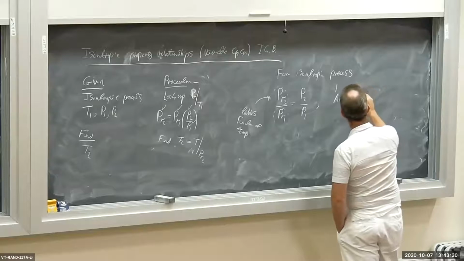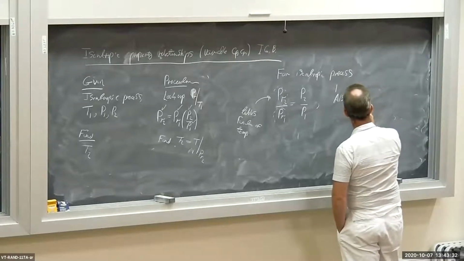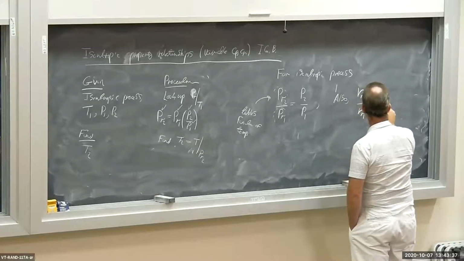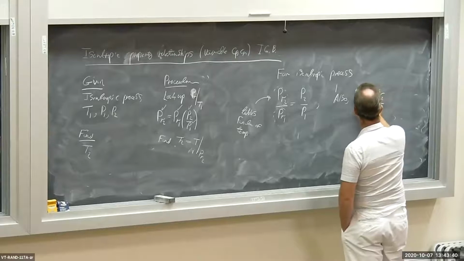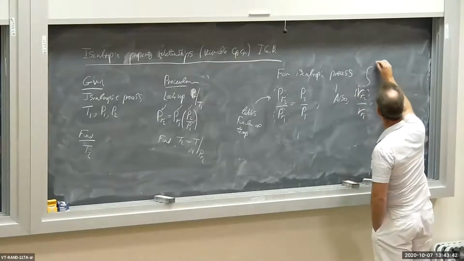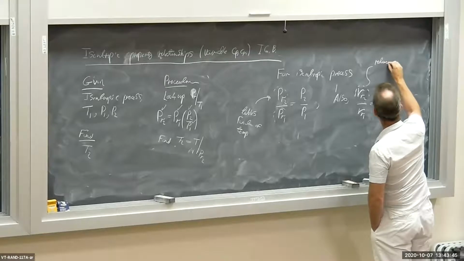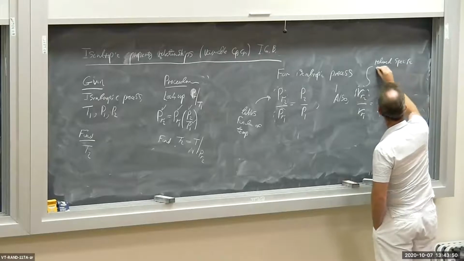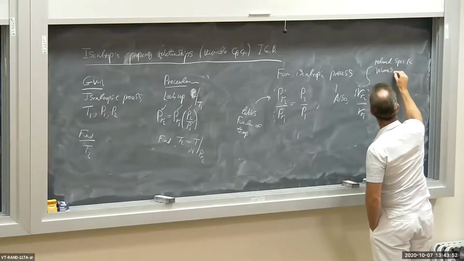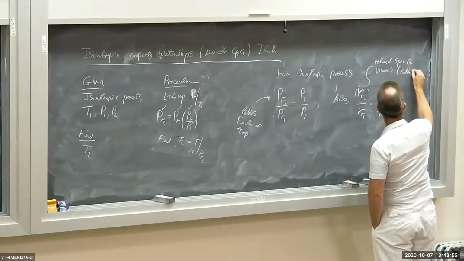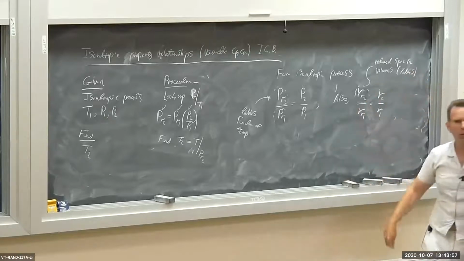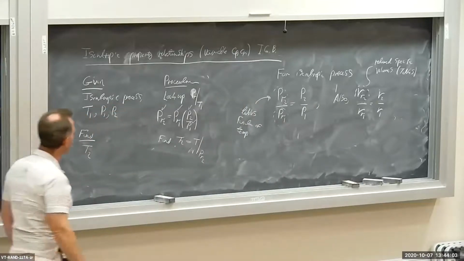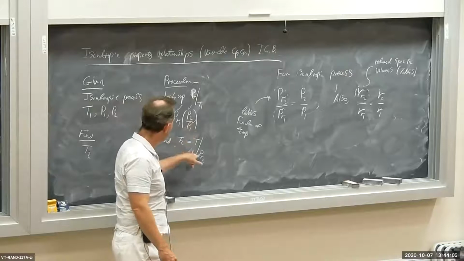So also VR2 over VR1 is equal to V2 over V1, where these are reduced volumes, actually they're specific volumes, and they're from tables. You could do the same procedure here if you had the volume ratio and an initial temperature, and instead you would be looking up reduced volumes instead of reduced pressures.